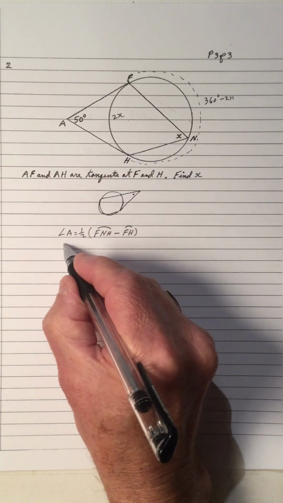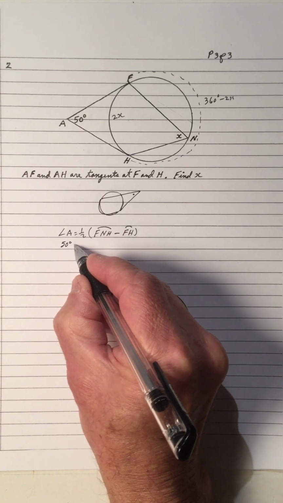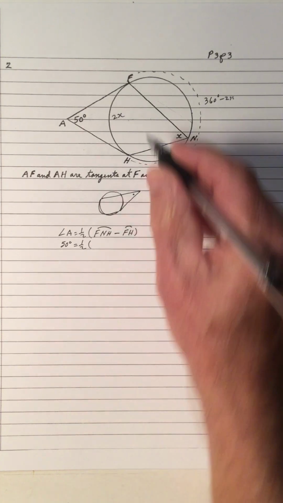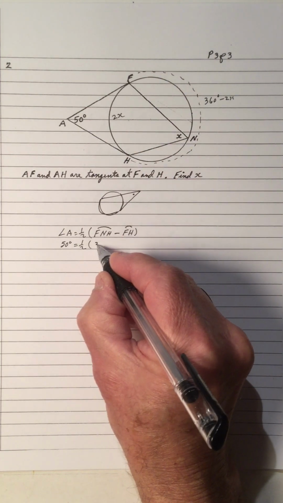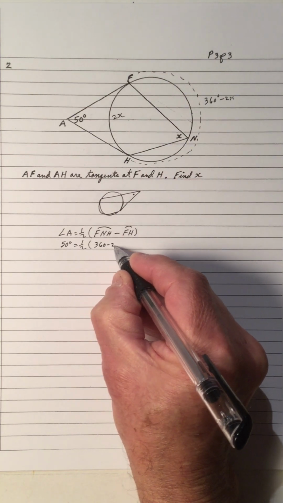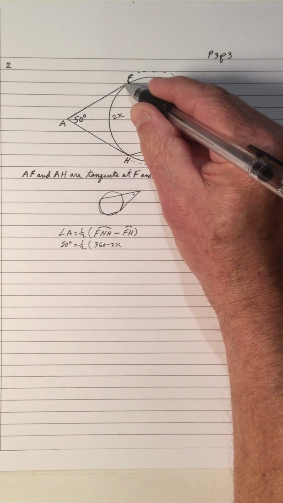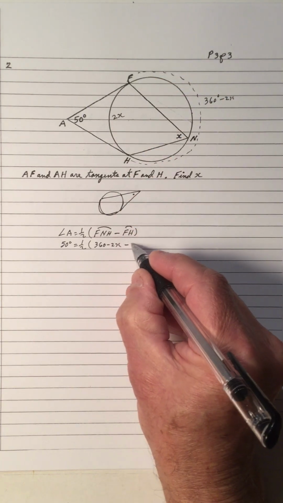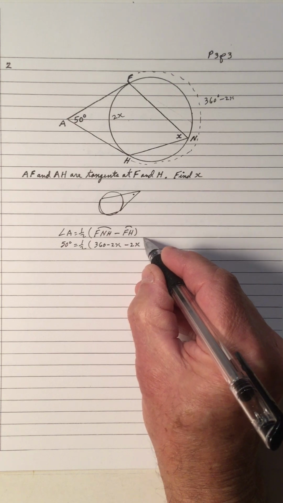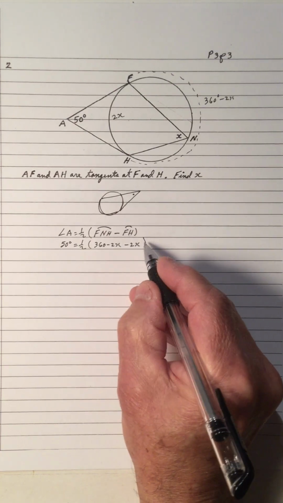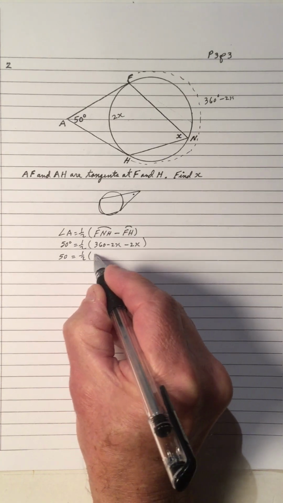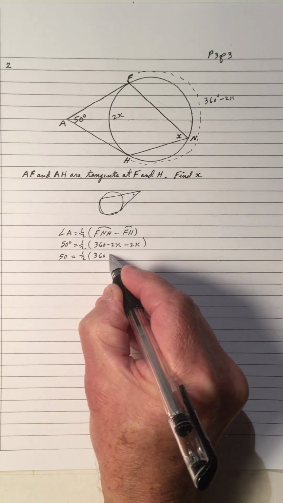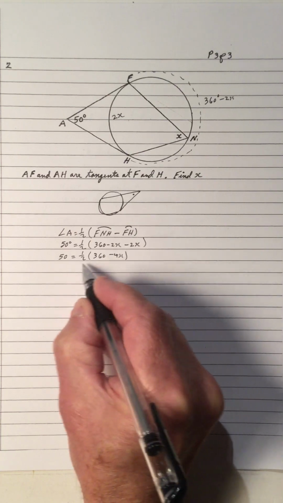So angle A is 50. The big arc FH is 360 minus 2x, and the small arc FH is 2x. To simplify that, we have 50 is a half of 360 minus 4x.